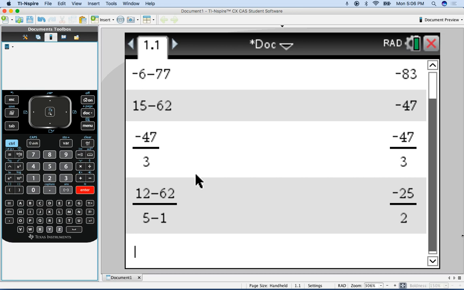Well, notice I didn't get this -4 that they're asking me for. I didn't get this -25 halves to match up with the -4. But I do know that this is the average rate of change between my endpoints located at 1 and 5, which is up here and here. So this average rate of change, this slope, between the endpoints is -25 halves.